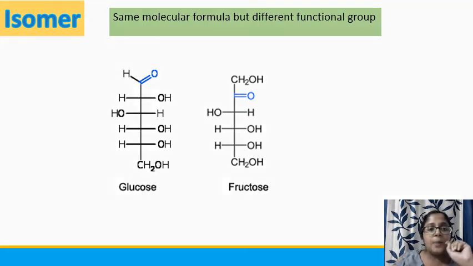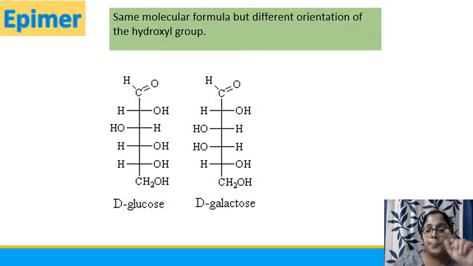Next, another important property is known as epimer. That was isomer, this is epimer. Epimers have the same molecular formula but a different orientation or position of the hydroxyl group. Like in the case of glucose and galactose, both of them are sisters.